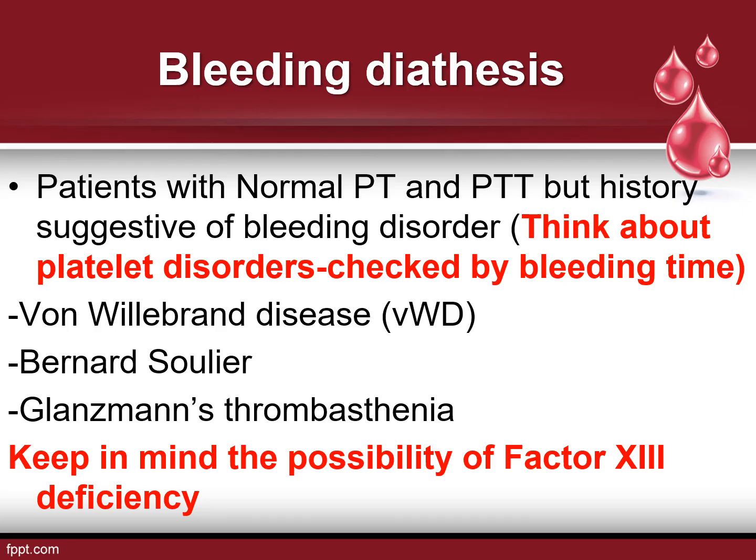As I said, it's an inherited blood platelet disorder, and just for you to know, it is usually a result of genetic mutation encoding for one of three genes, GP1BA, GP1BB, and GP9.